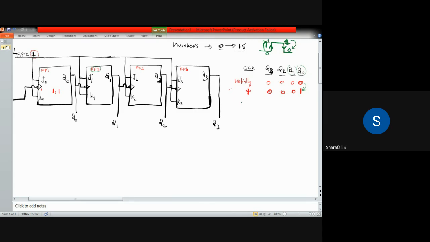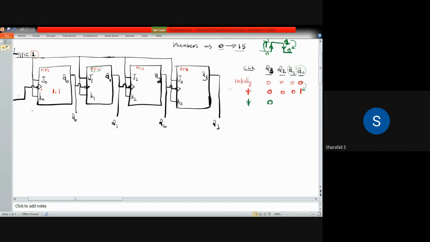Now, let's consider the second clock pulse. In that case, we are having again 0 here. Let's consider Q0 first. Q0 again will toggle because we are applying the second clock pulse negative edge here.